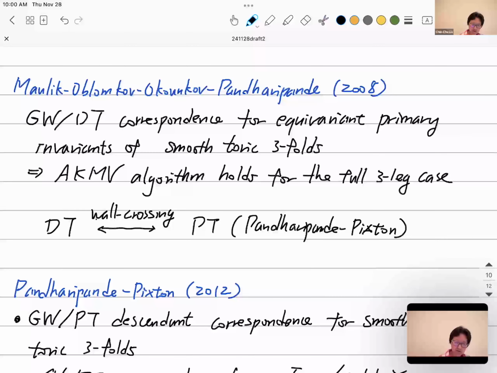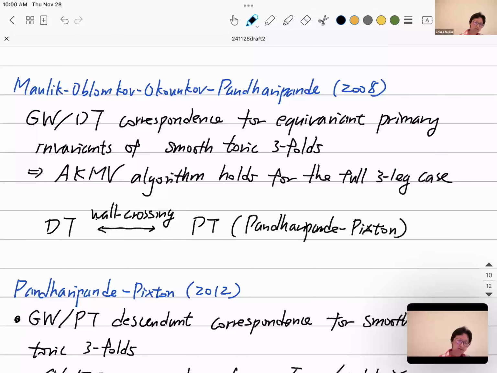It's not necessarily Calabi-Yau, and it can be compact or non-compact. In particular, this will imply the Gromov-Witten/DT correspondence for toric Calabi-Yau threefolds restricted to the Calabi-Yau torus.